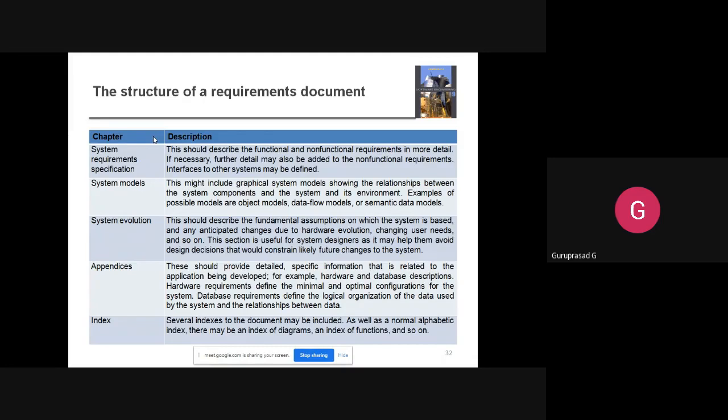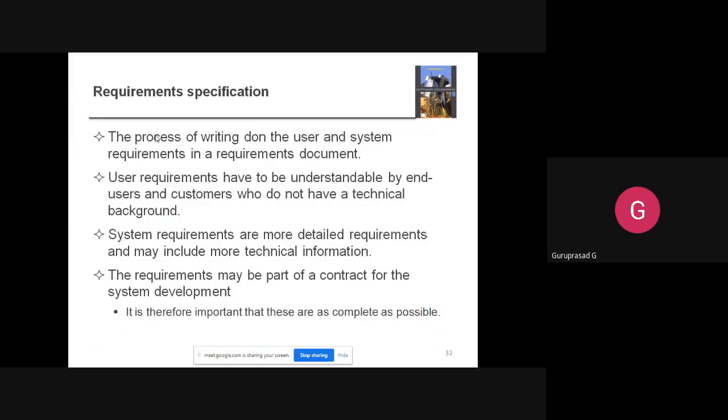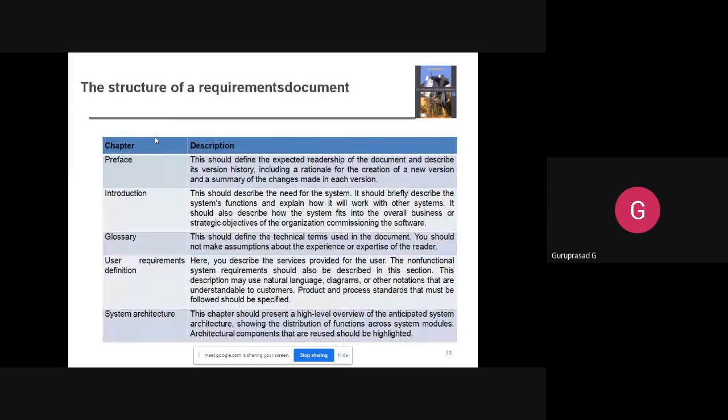Please remember this format, the structure of the requirements document, the IEEE format. Generally they will ask in the exam to give the structure of the requirements document as per the IEEE standard, so we have to mention it in the same format.